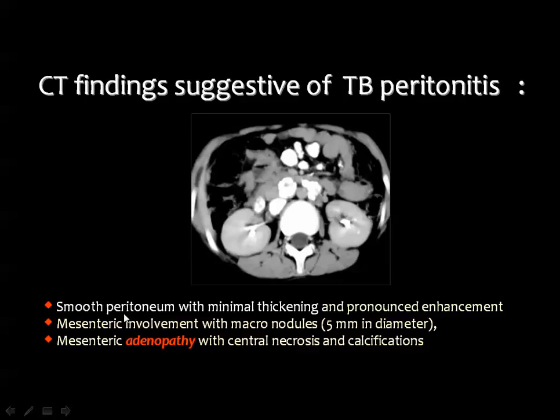Number one is smooth peritoneum with minimal thickening and pronounced enhancement, mesenteric involvement with macro nodules, mesenteric lymphadenopathy with central necrosis and calcification.